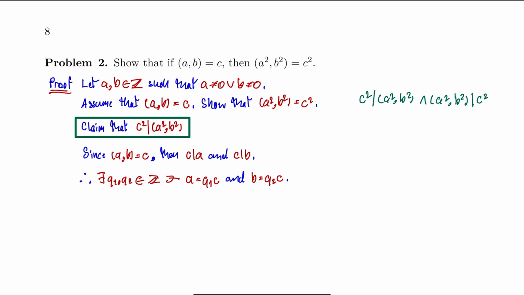All right, and then we square both sides of this equation. What do we have? We have a squared equal to q1 squared c squared, okay? And we have b squared equal to q2 squared c squared. All right?